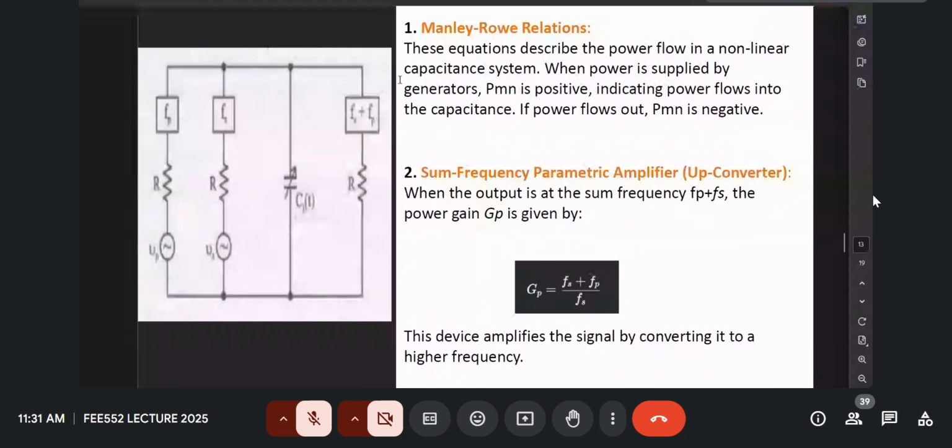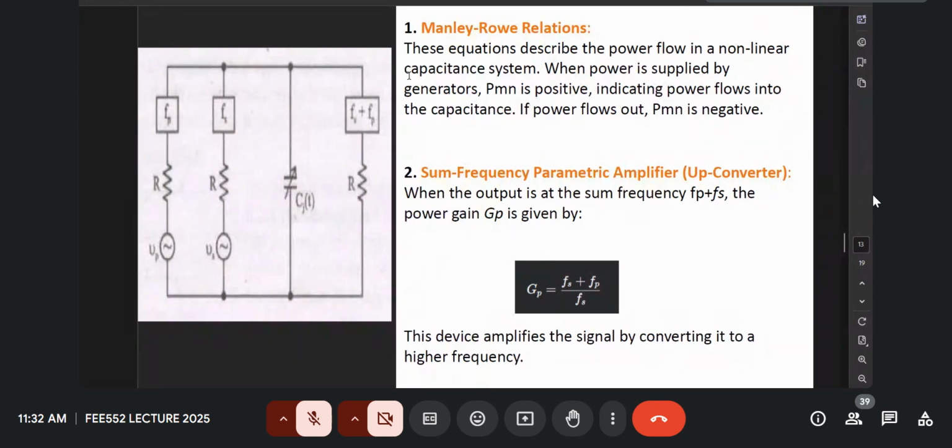Yeah, so this is a diagram just to illustrate the parametric amplifier. The equations describe the power flow in a nonlinear capacitance system. When power is supplied by the generator, the generator here being the pump signal and also the input signal, PM is positive. This is the power into the capacitive element being positive, indicating power flows into the capacitance.